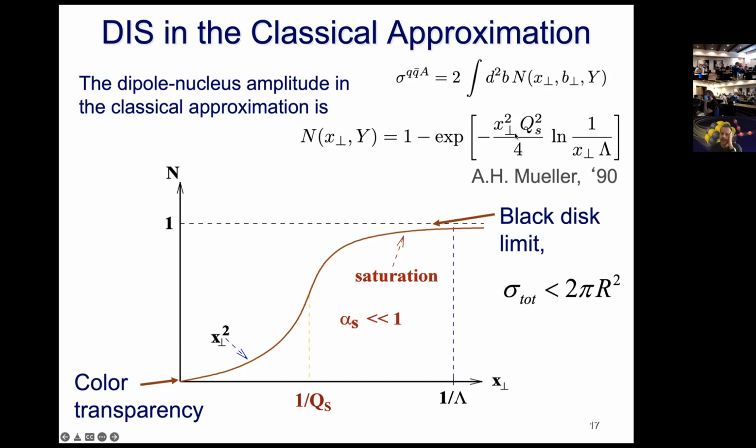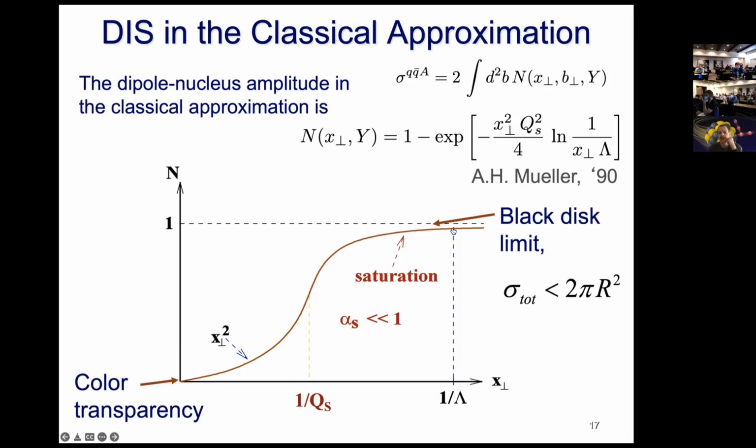And that's why we have all these multiple rescatterings resummed, such that at the end of the day, when x perp gets very large, because of this 1 minus exponential formula, the entire curve never really exceeds 1, right? When x perp gets very, very large, the exponential just dies off, and n approaches 1 from below. So you do not exceed the black disk limit because of multiple rescatterings.